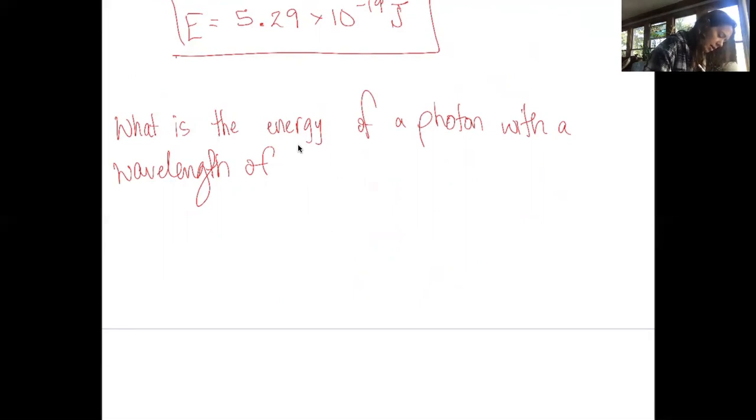Let's make that 900 nanometers, okay? So what is the energy? So E equals question mark, of a photon with a wavelength of 900 nanometers.